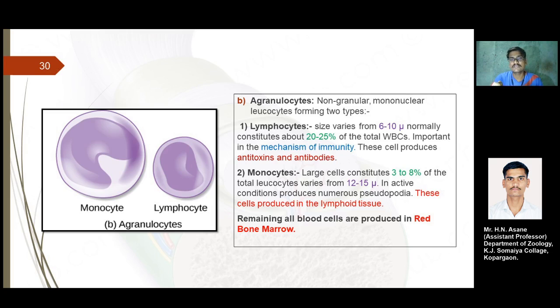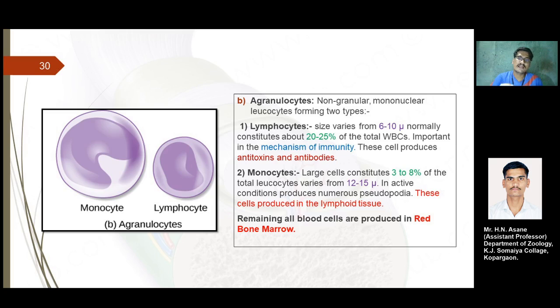So it has a very important role in the immune system, as it produces antibodies and antitoxins also. Antitoxins are specific chemical substances which neutralize the power of the toxin.